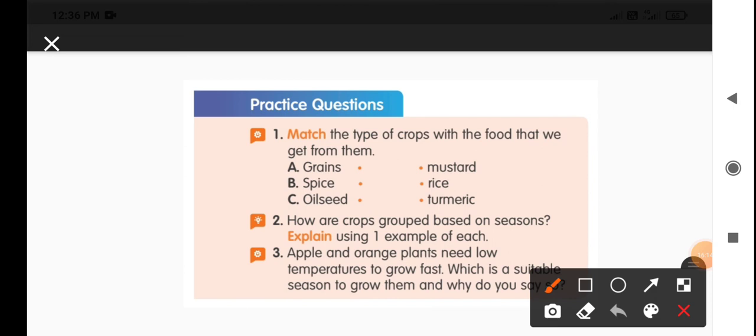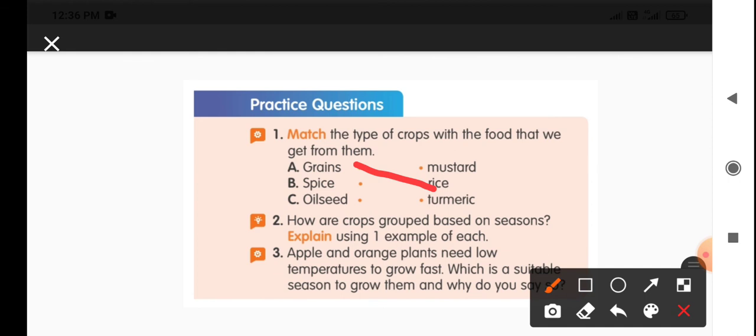Here a matching is given. You need to identify the grains from A and B. So is mustard a grain? No. Is rice a grain? Yes, it is. So you can draw the line from grain to rice.